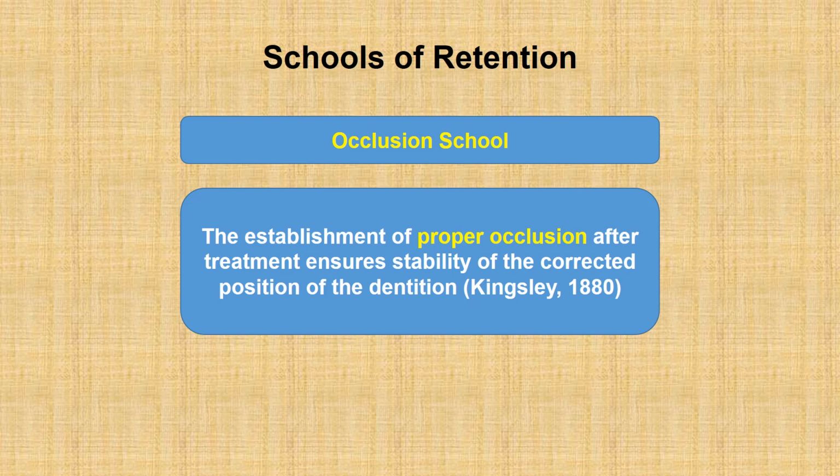What are the schools of retention? There is the occlusion school of retention, whereby it is stated that the establishment of proper occlusion after treatment ensures stability of the corrected position of the dentition.